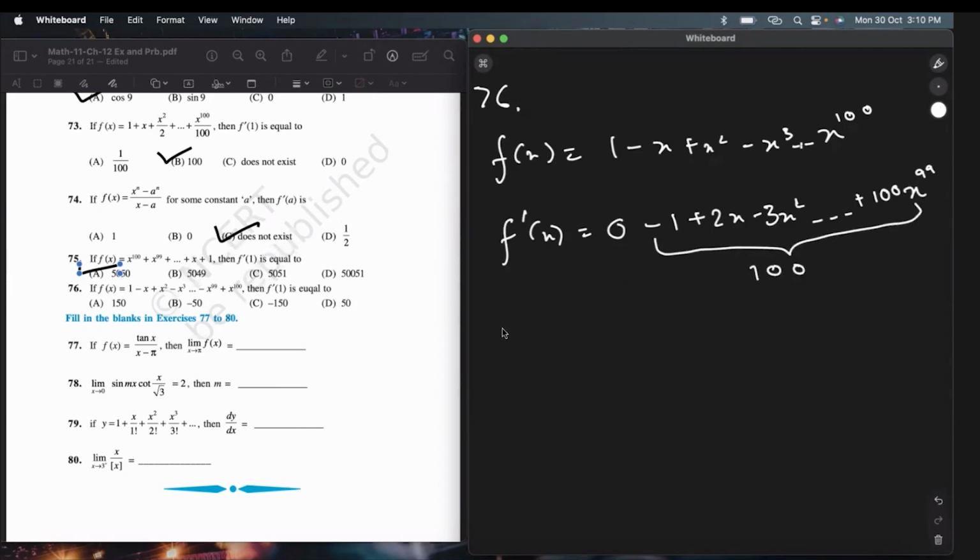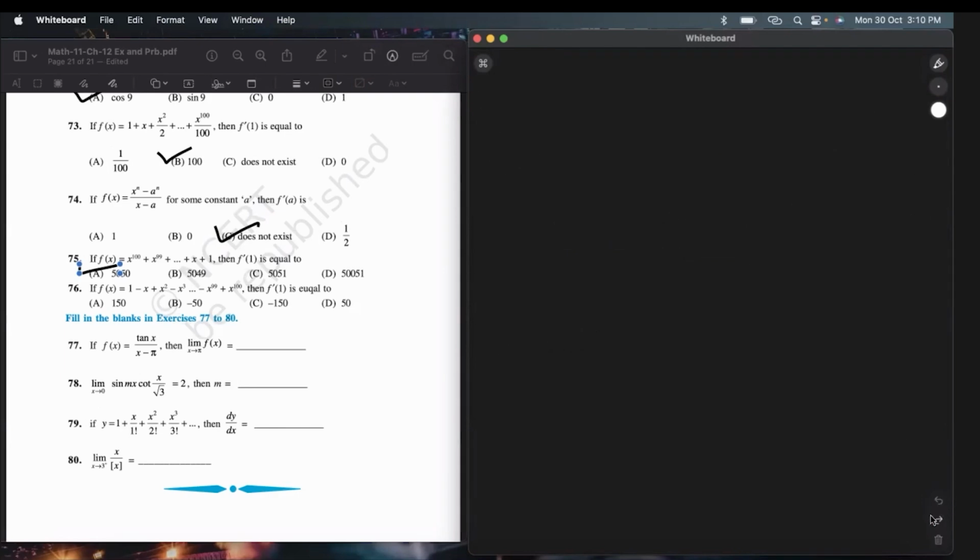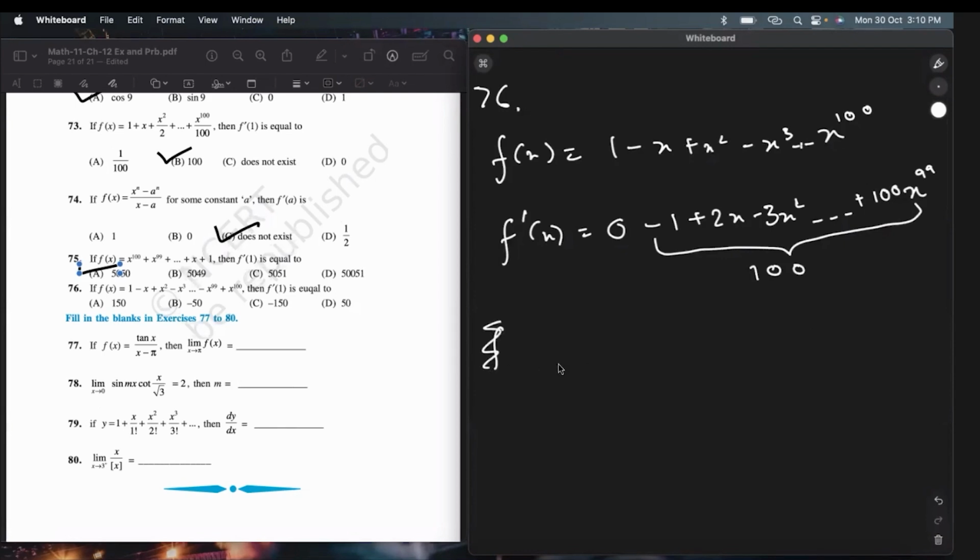And what catch do I have in this question? That x is equal to 1. So how can I write this whole thing? There are two ways to proceed. Let me take the even and odd parts and separate them, because there's a minus sign as well. The odd part is 1 plus 3x square plus 5x to the 4, going till 99 times x raised to the power of 98.